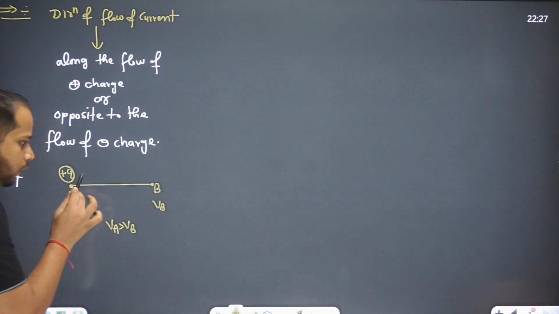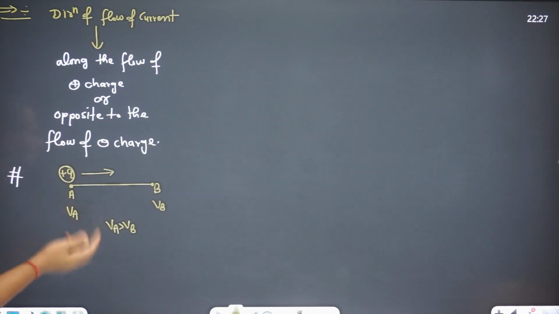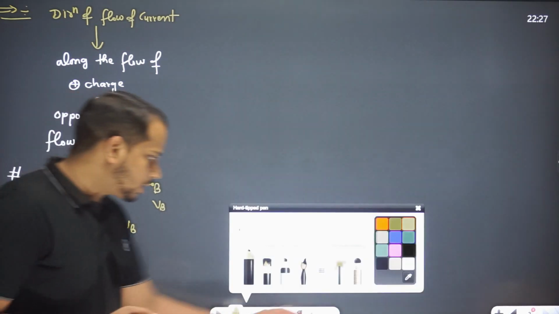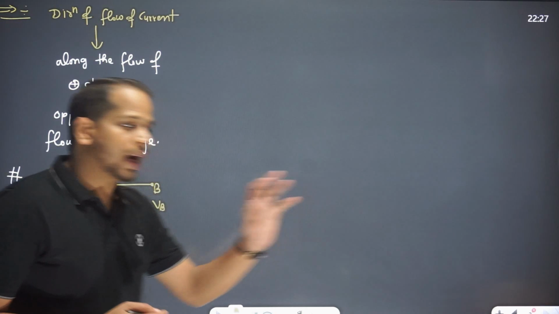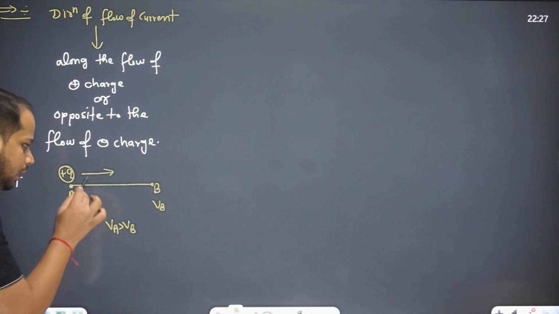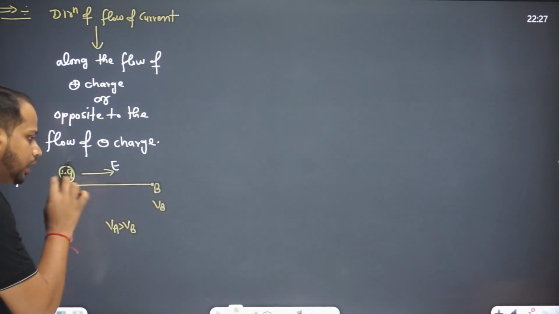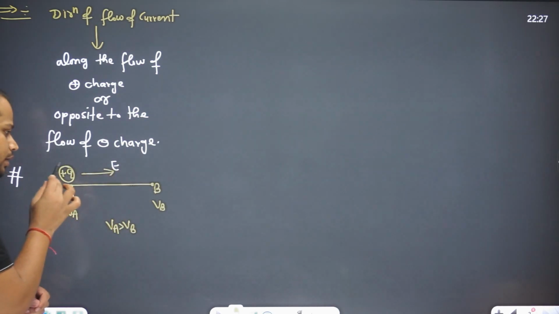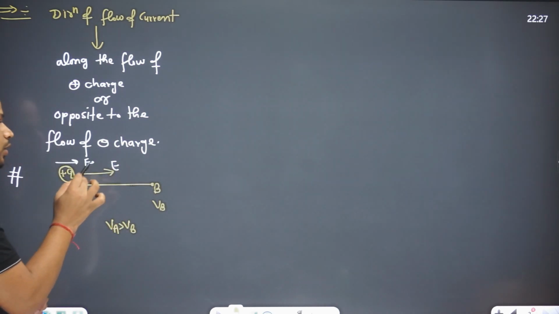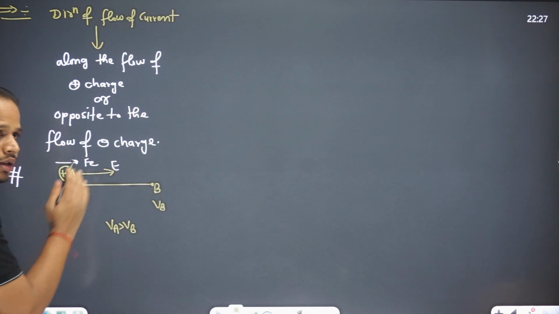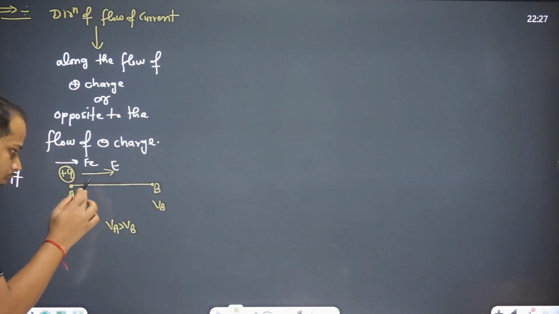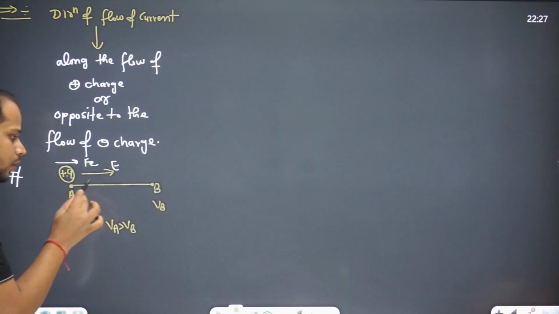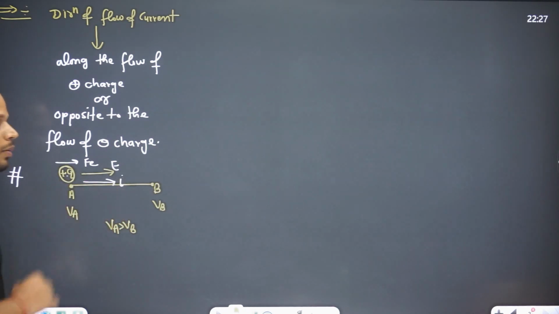Can we say it will move from A to B? Why? Because the positive charge flows from higher potential to lower potential, as an electric field is acting on it. So there is an electrostatic force here, and it moves from higher to lower potential. So the current is also from higher to lower.